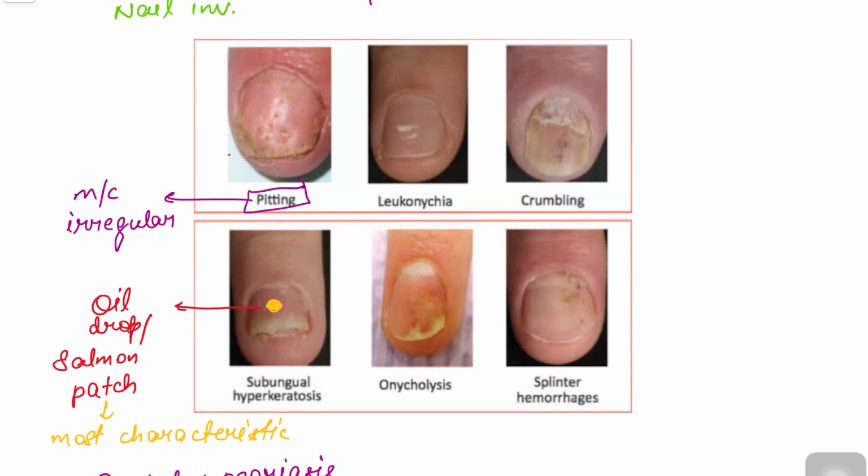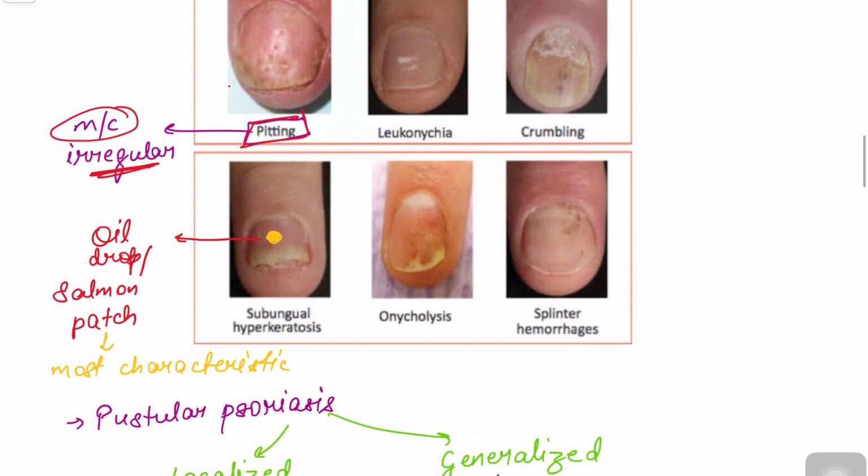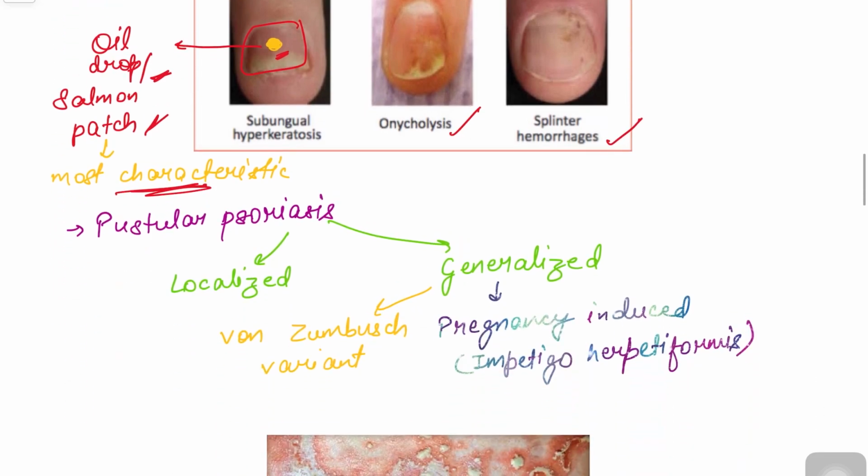Amongst this, just remember that pitting is the most common, and irregular pits are present in this disease, whereas regular pits are present in alopecia areata. Also, the patient can have yellow-red discoloration, which is known as oil drop sign or salmon patch, and it is the most characteristic presentation. Also, you can find leukonychia, crumbling, onycholysis and splinter hemorrhages in these patients.